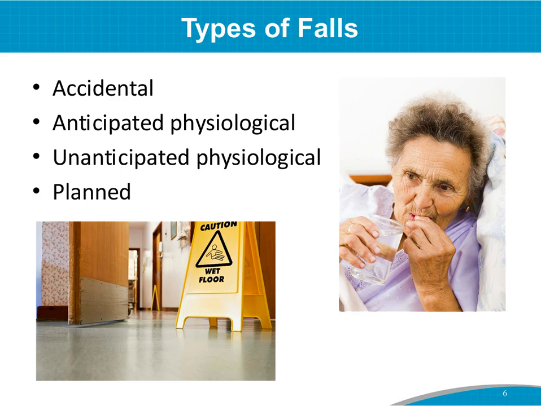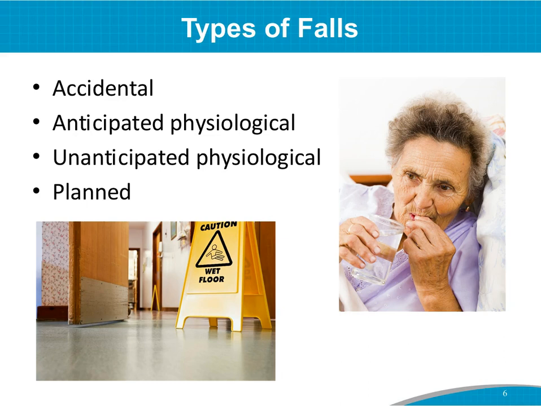The unanticipated physiologic fall is the patient who is up and has a stroke or an MI or a seizure, not something expected, and the patient ends up on the floor. And then the last one, the planned fall, is generally when the patient decides that they need some attention.